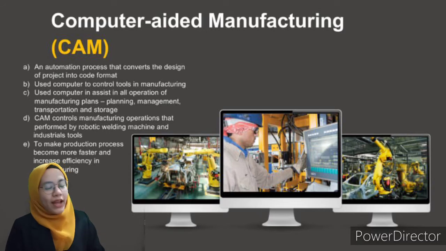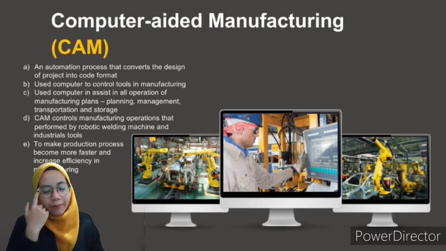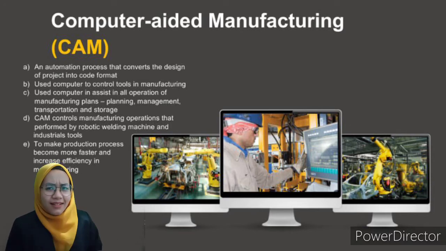The third one is computer aided manufacturing, or CAM. Like the word manufacturing, of course it is used in manufacturing. CAM is an automation process that converts the design of a project into code format.